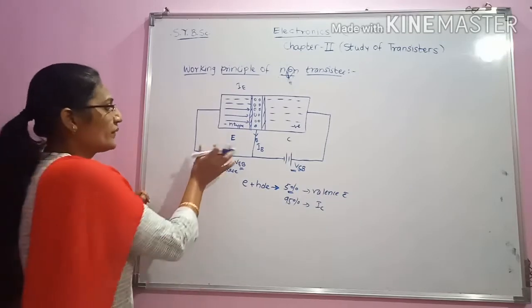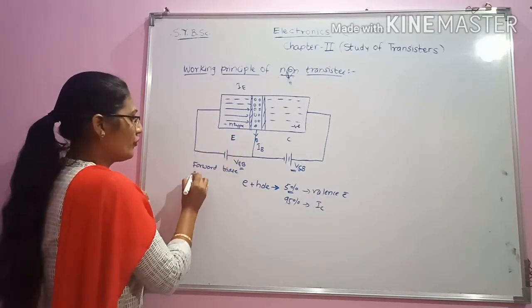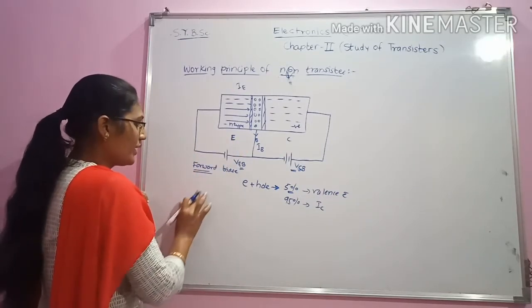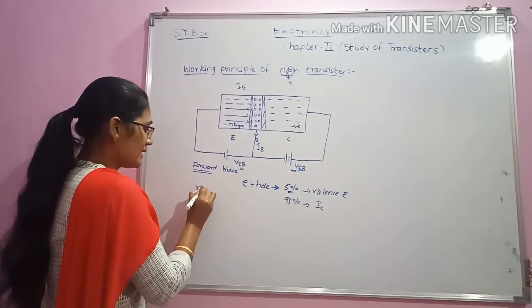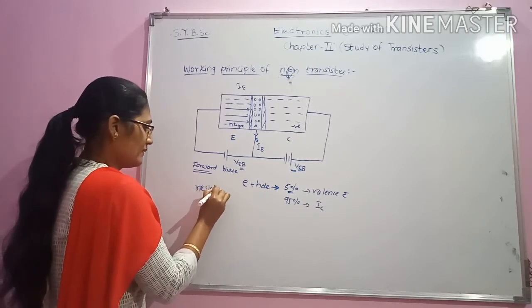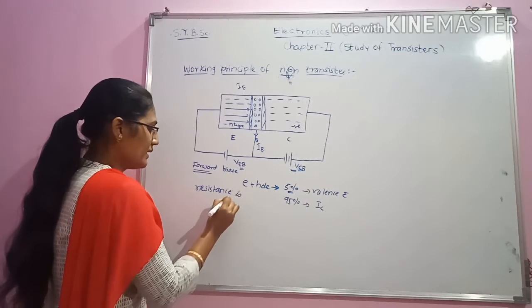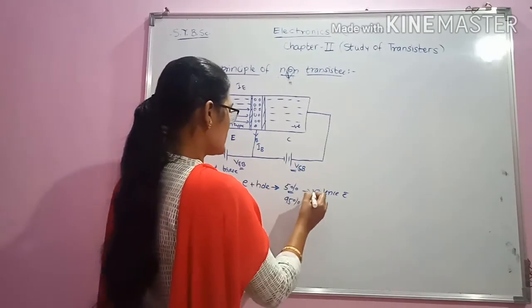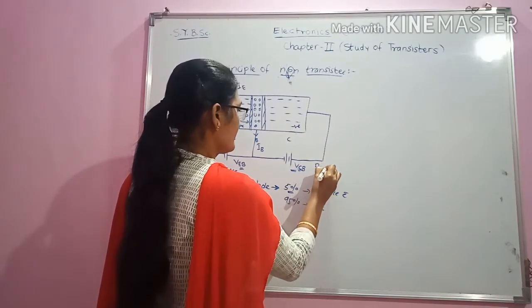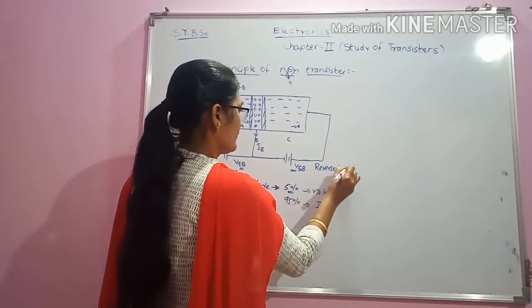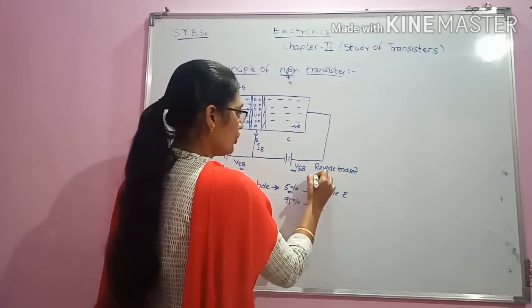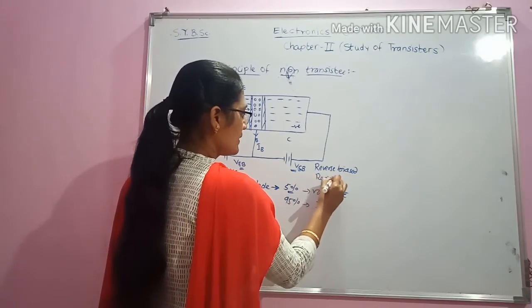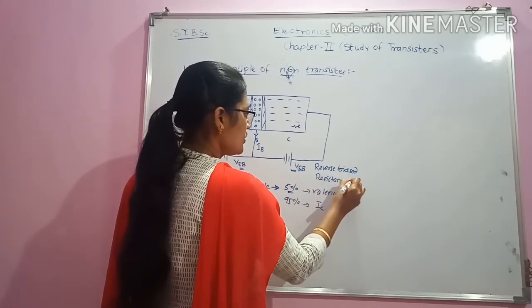If we see, this portion is having forward bias, therefore its resistance is less. And this portion is reverse bias, so resistance is more.